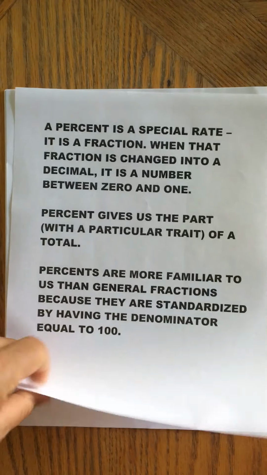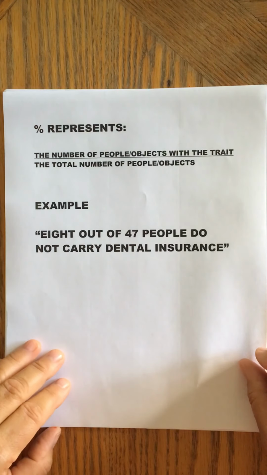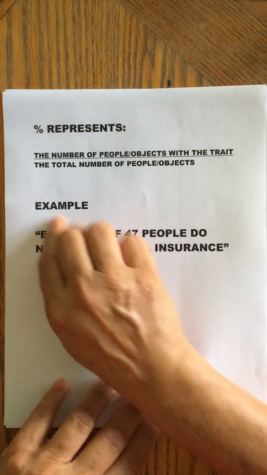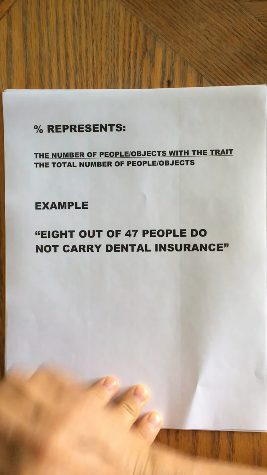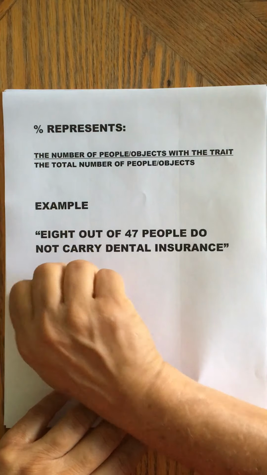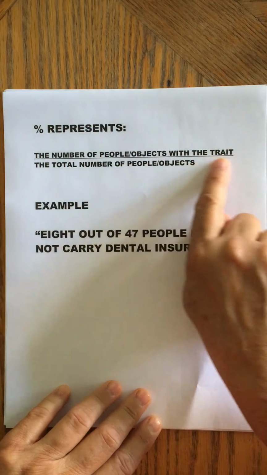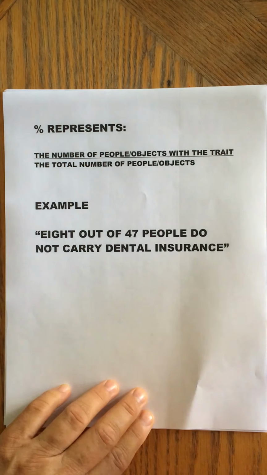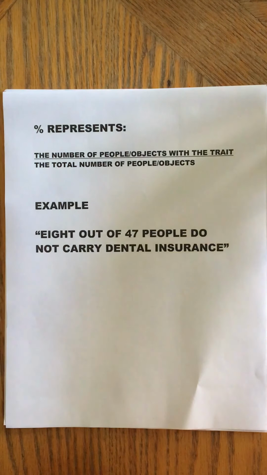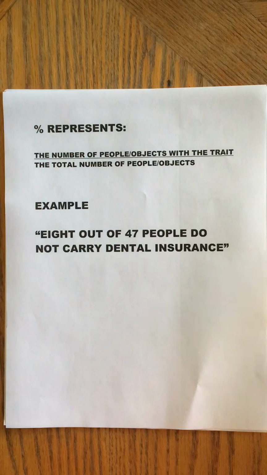So let's take a look at, for example, our problems, when we're using sample proportions. What does the percent mean in the sample proportions? It's the number of people or objects with the trait divided by the total number of people or objects. So for example, if I have here 8 out of 47 people do not carry dental insurance.